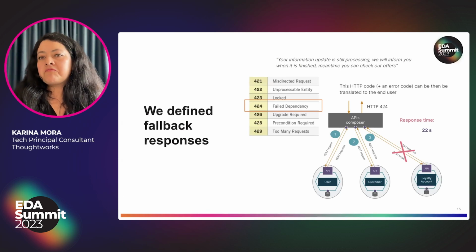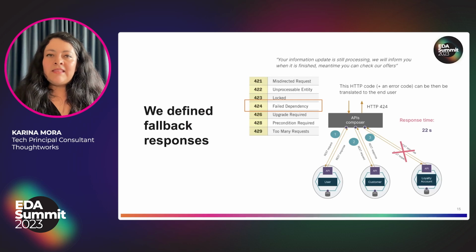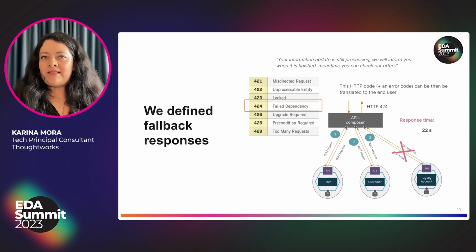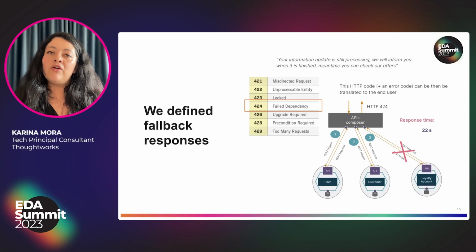When it is finished, we will let you know. Meantime, you can continue checking our offers. For us, it means that the system was most of the time available and working, but in case it was not working, we try to bring the best experience to the user. And also for us, it means to solve our transaction.